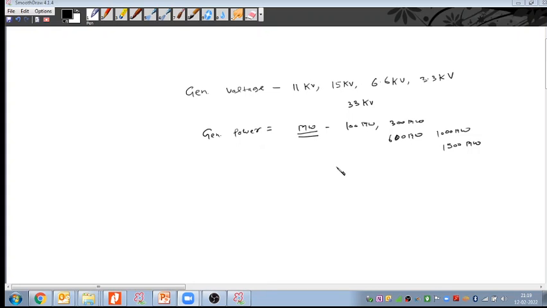The line losses are very high, and the voltage drop is also very high, so we cannot transmit this much generating power at such a lower voltage.